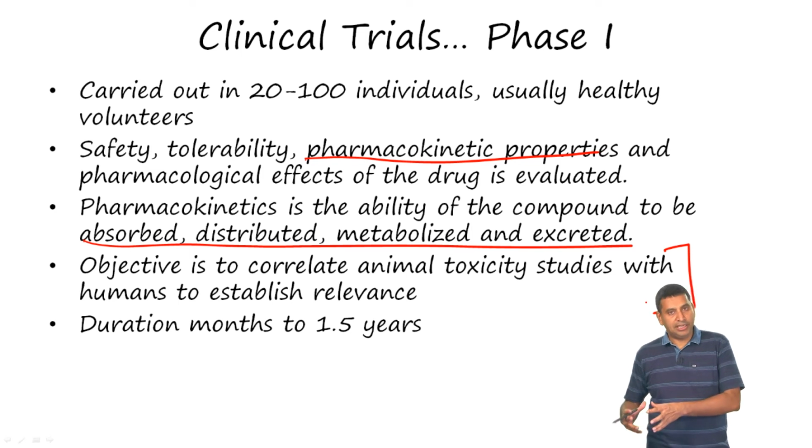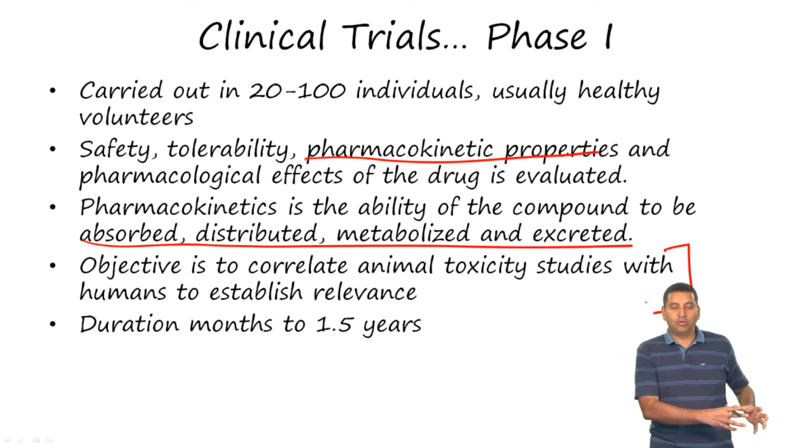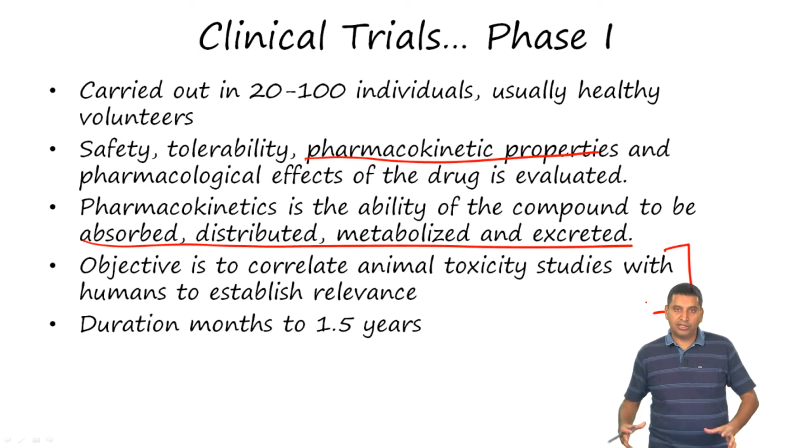It has happened many times that a very good compound which has shown very promising data in a canine model fails completely in humans because the metabolism is very different or the distribution is very different. So, this is a very important part of preclinical development because we need to understand how well the two models, a particular animal model and a human model, correlate with each other.